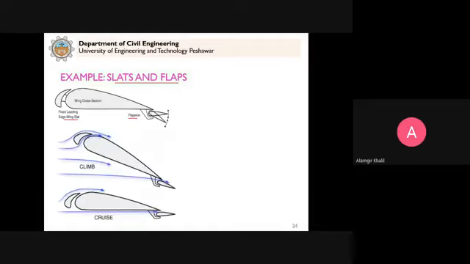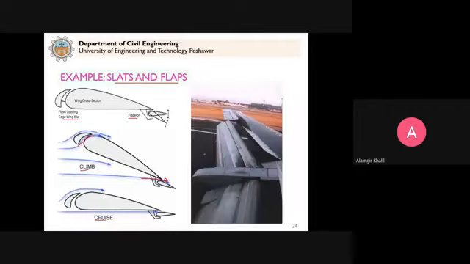So in this case, what happens during climb, you see that because of these slots and slats that are provided, the boundary layer will not be separated from the surface. You can see here by allowing this fluid to pass here, it will reduce the drag force. And then during the normal cruising, the shape is like this. So you might have seen that during the landing of aeroplane, these flaps are extended down.